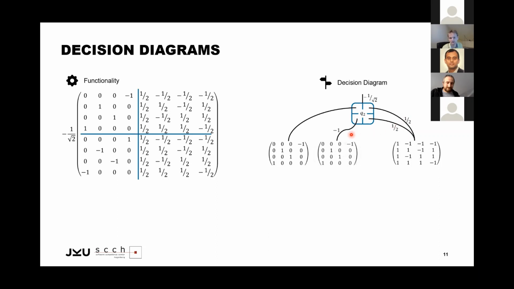Here you see you also have a common factor. If I factor that out, I get basically this matrix. And then by factoring this -1 out, I suddenly get a matrix representation which is identical to this representation. So just by factoring it out, I get the same submatrices again, and that means I can share them as well.